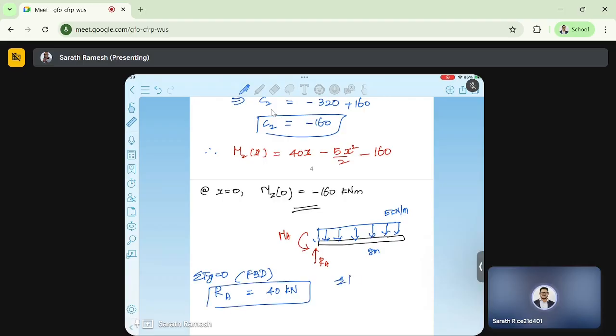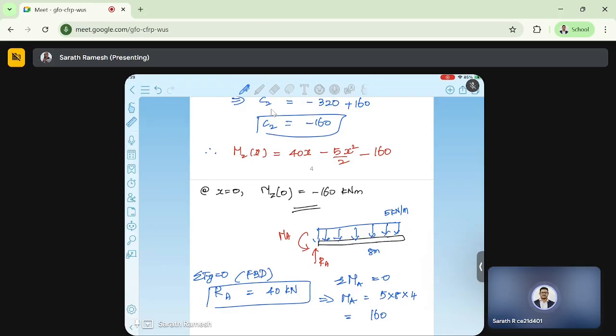And summation of moment at A equal to 0 implies MA is equal to 5 into 8, acting at the center, so 40 into 4 is 160.